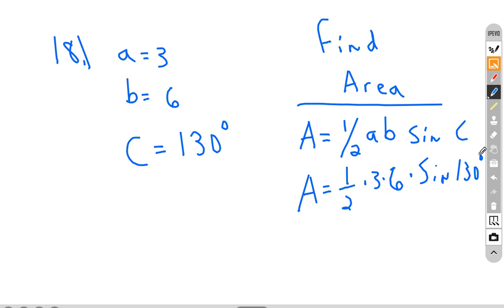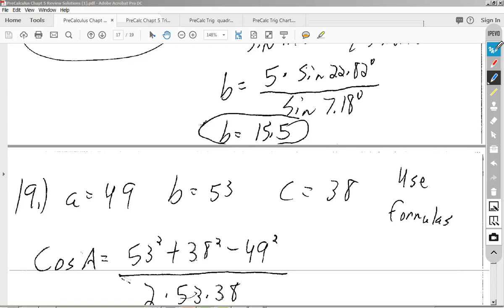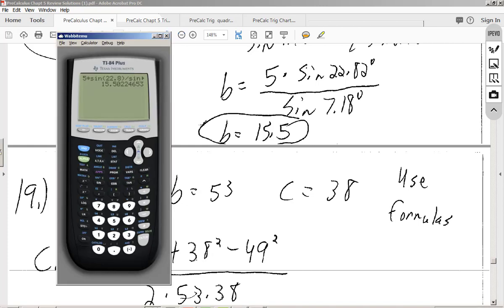So that's just a matter of putting it into your calculator. Let me bring up my calculator here. On your calculator, just type that in: 1/2 times 3 times 6 times the sine of 130.